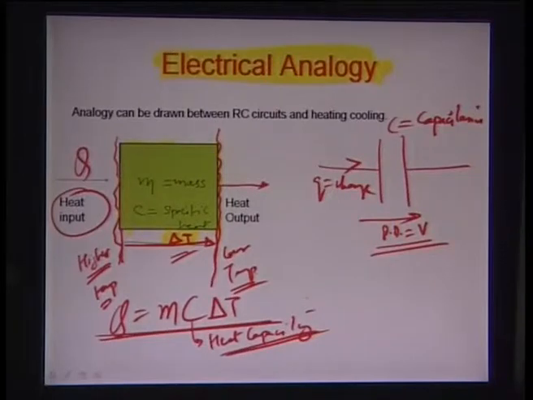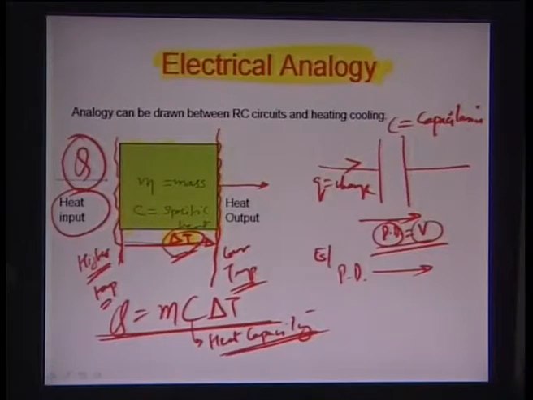So what causes the charge to flow is the potential difference here. What causes the heat to flow is the temperature difference here. So it's kind of analogous. So potential difference in an electrical circuit is same as temperature difference in a thermal circuit.